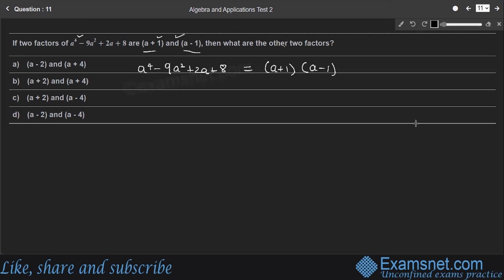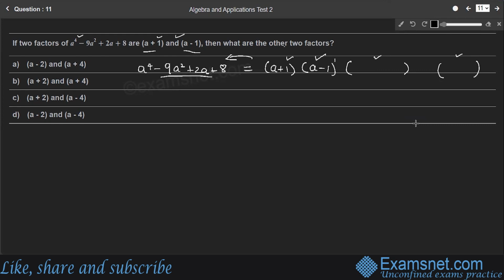So a plus 1 into a minus 1 and two other factors. The product of the other two factors with these gives the complete algebraic expression a raised to 4 minus 9a square plus 2a plus 8, right? So we need to find the other two factors. When the two given factors are multiplied with the other two factors, you will get this algebraic expression.